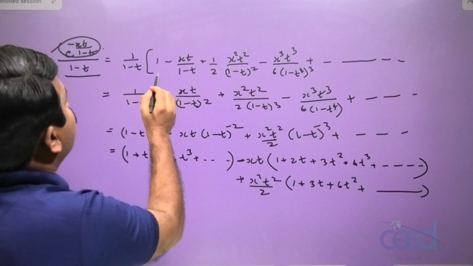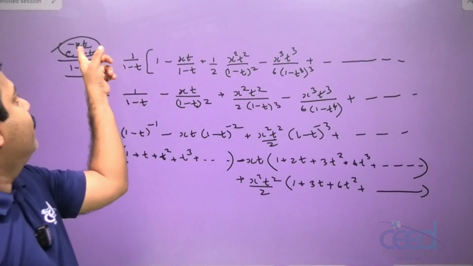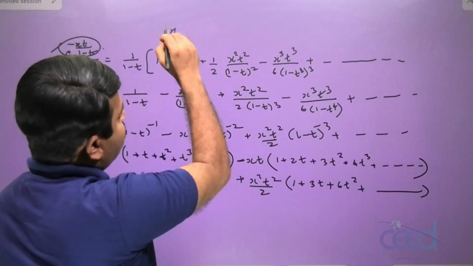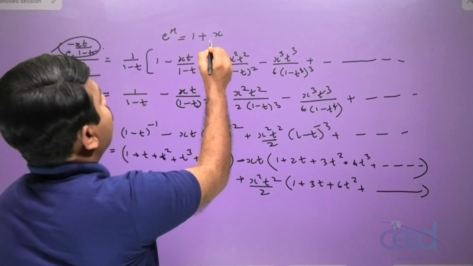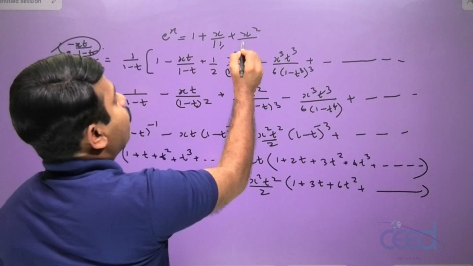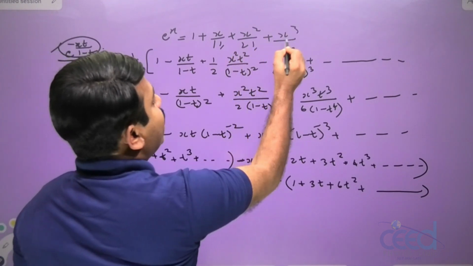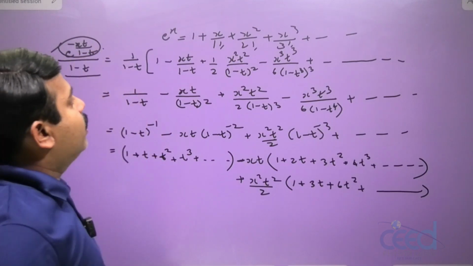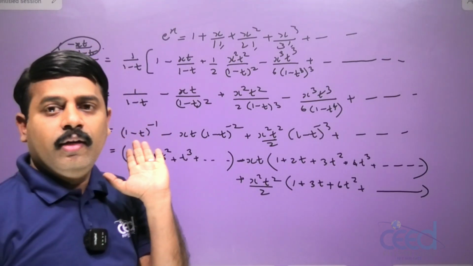That I expanded using the series expansion of e raised to x, which is 1 plus x by 1 factorial plus x square by 2 factorial plus x cube by 3 factorial plus etc. Right. So instead of x we have minus xt by 1 minus t.